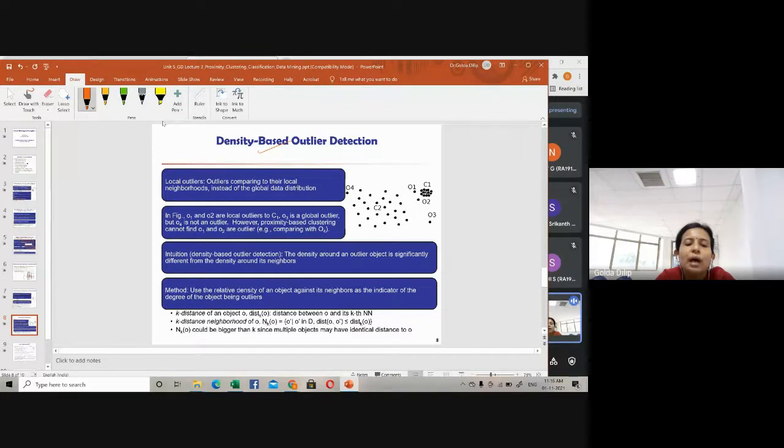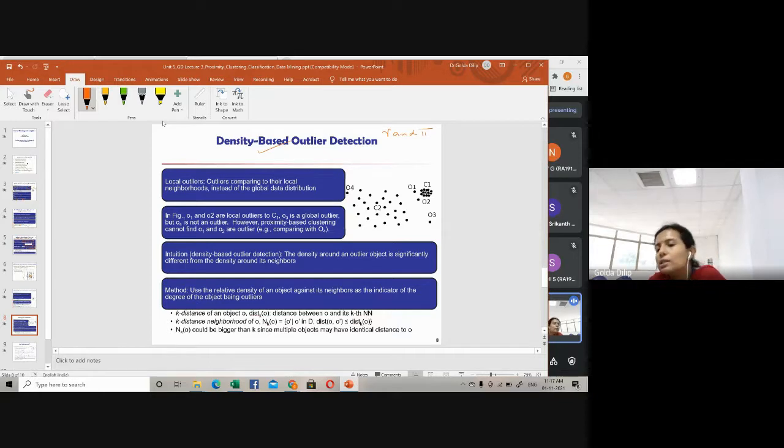Second, to detect distance based outliers, we generally need two global parameters, R and pi. R was the reasonable neighborhood, the user specified distance threshold, and pi was the fraction threshold. We needed these two, so that's why we call the outliers detected by distance based measures global outliers.